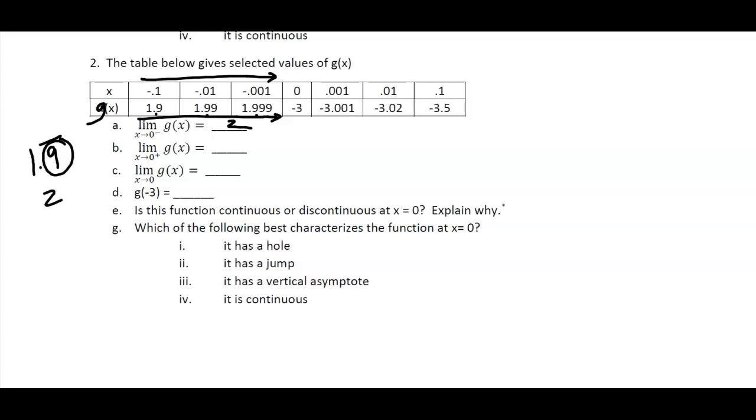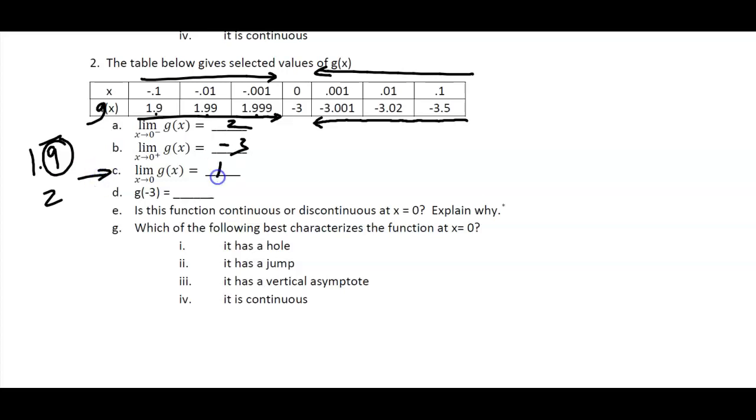How about on the other side as we approach 0 from the right? The y value goes from negative 3.5, negative 3.02, negative 3.001, and then we stopped there in the middle. All right, well, it looks like it's approaching negative 3 from the right. So what is the limit then of this function at 0?